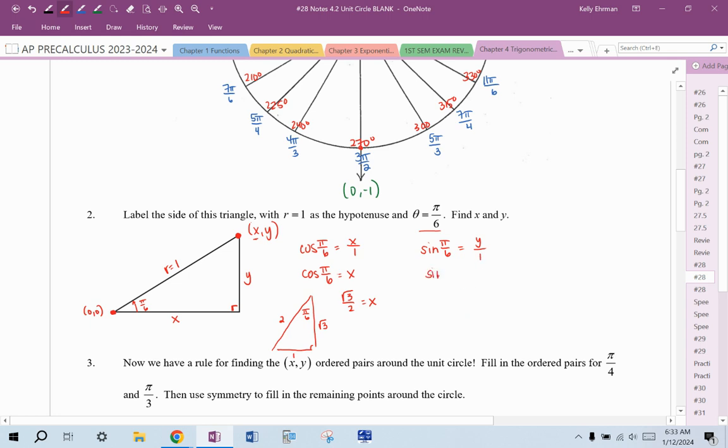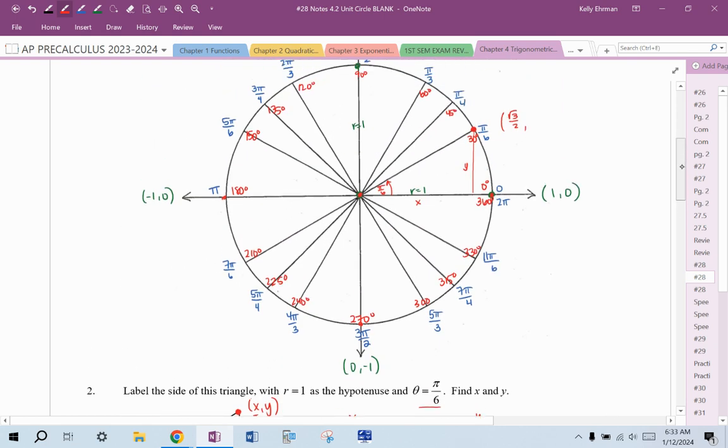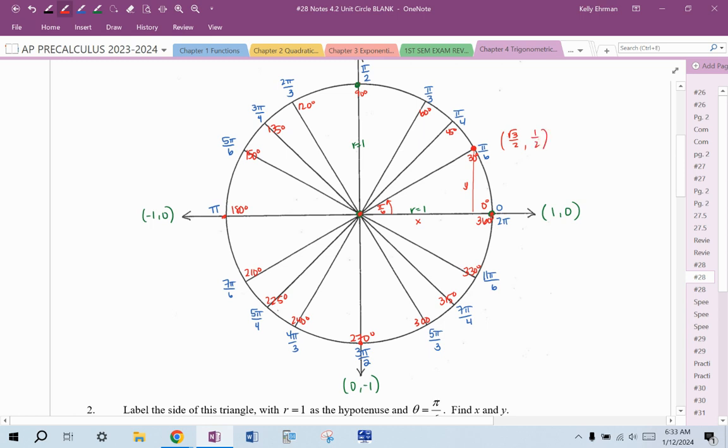So the sine of pi over 6 is just equal to y. And if I use my triangle again, pi over 6, opposite of that is 1, hypotenuse is 2. So the y-coordinate is 1/2. So to get from 0, 0 over to this ordered pair on the circle, we would need to go right radical 3 over 2 and up 1/2 unit.